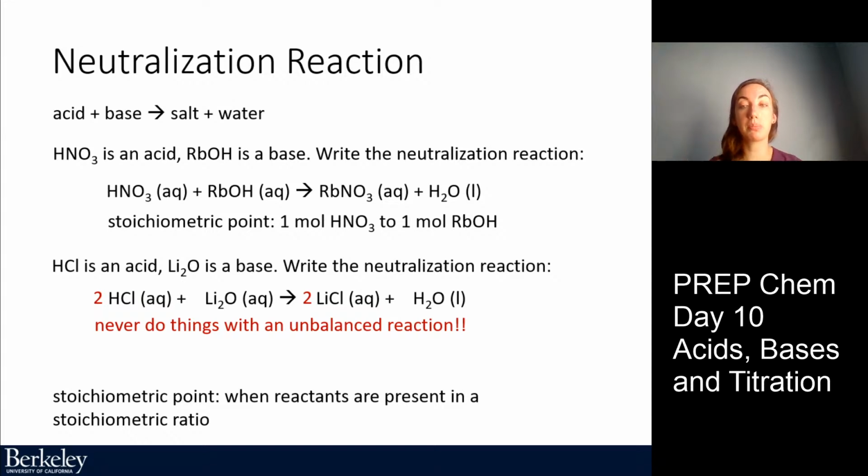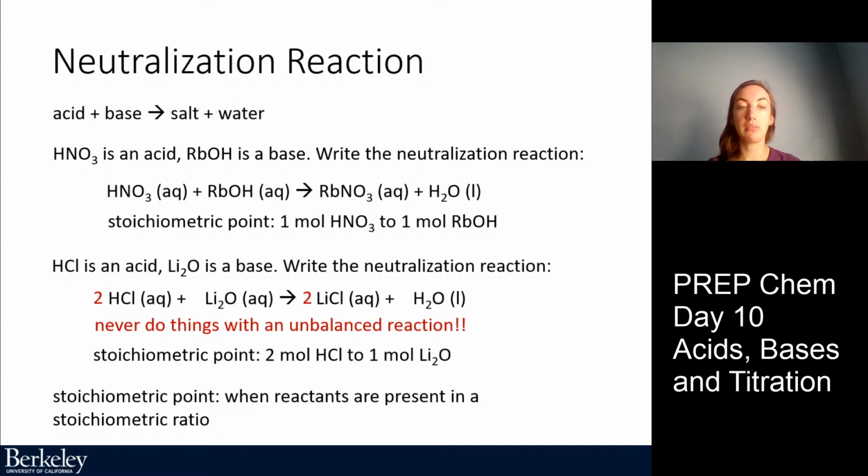So our stoichiometric point will be when we have a ratio of 1 mole of HNO3 to 1 mole of RbOH. If I told you that I had 5 moles of HNO3 and asked you how much RbOH I need to add in order to reach my stoichiometric point, the answer would be 5 moles, because then we'll have a ratio of 5 to 5, or 1 to 1.